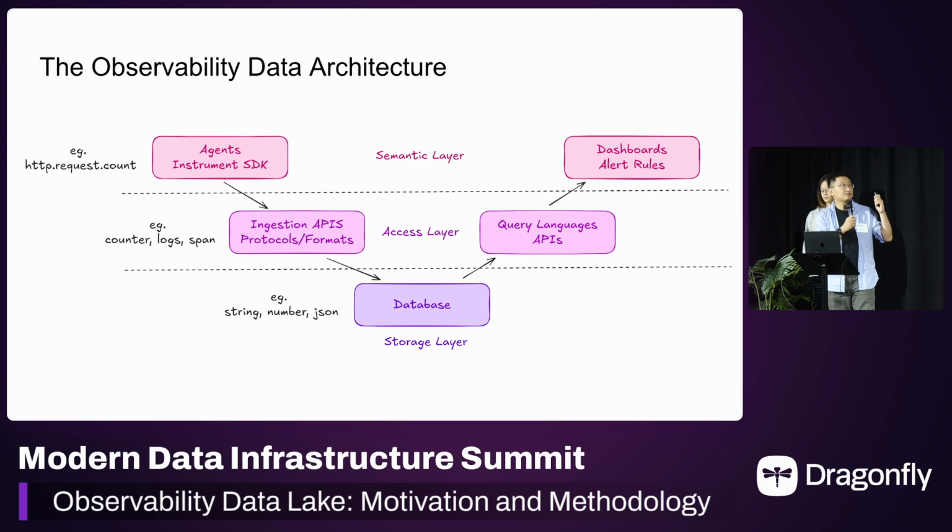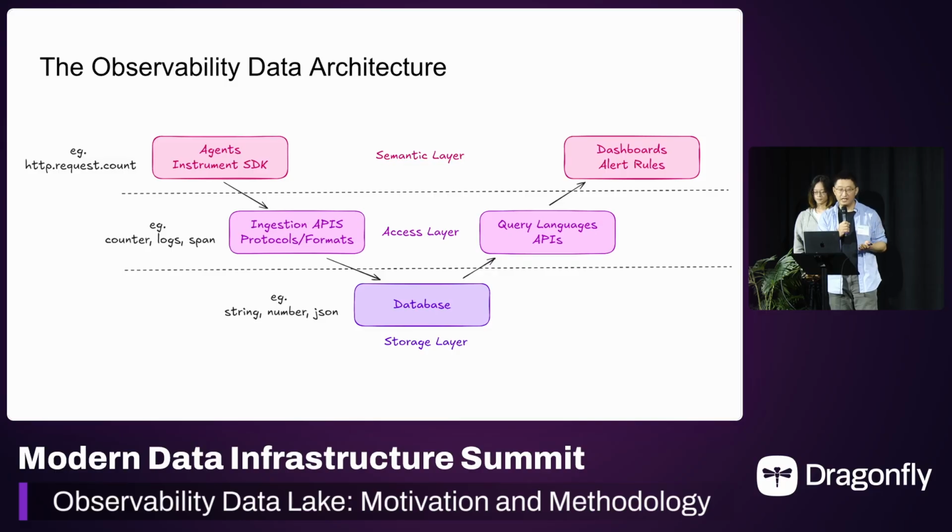So I created this V model to demonstrate the data flow in observability, and to help you understand the architecture better. The left wing of this V model is how data is ingested in observability. From the right upper corner is the agent, some language SDKs.